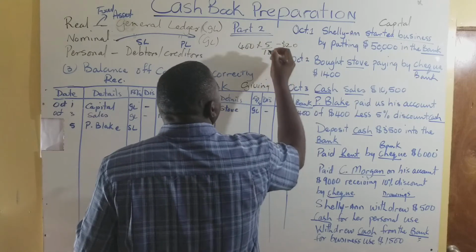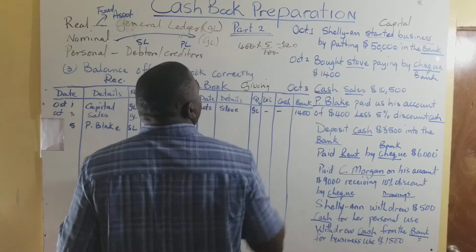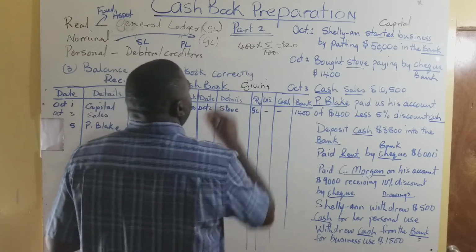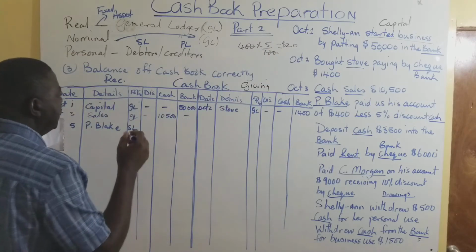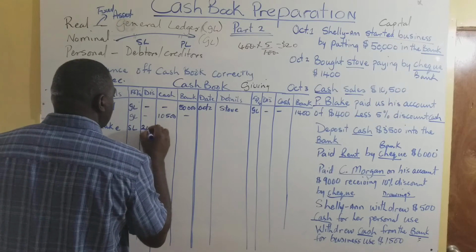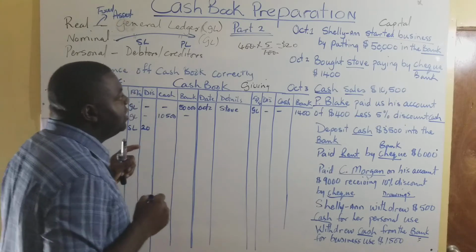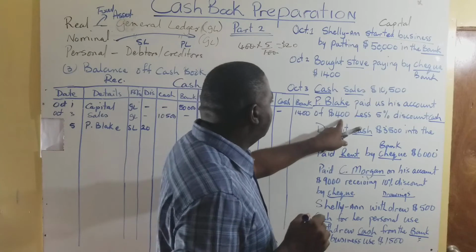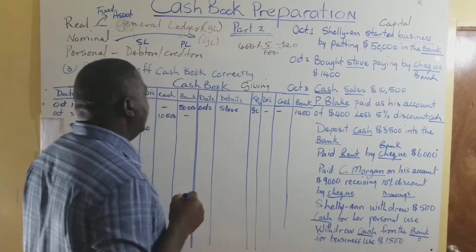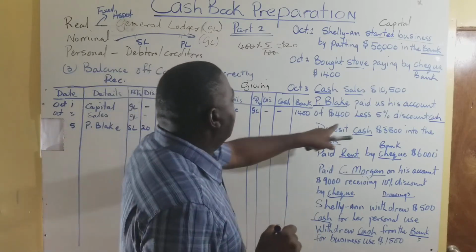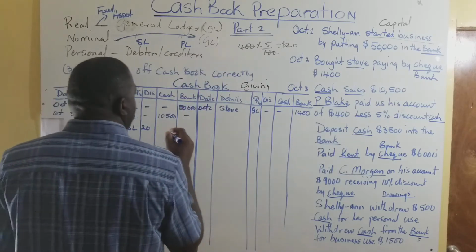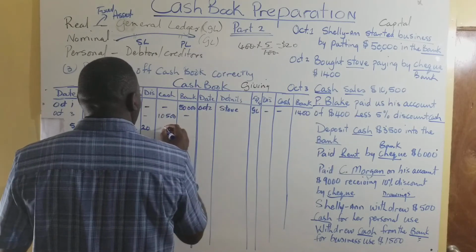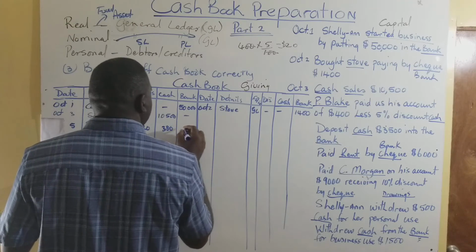Those of you who know the math, 5 4s are 20. So the discount we're giving him is $20. If we are reducing the amount by $20, how much then would he be paying? We subtract the $20 from the 400, and it will be 380. So we write 380 because it's by cash.